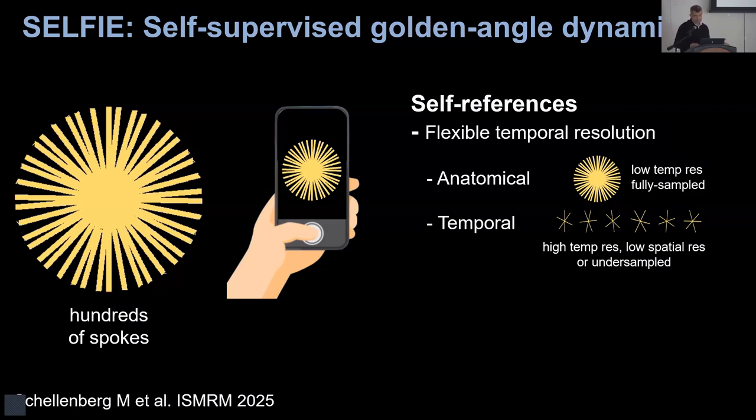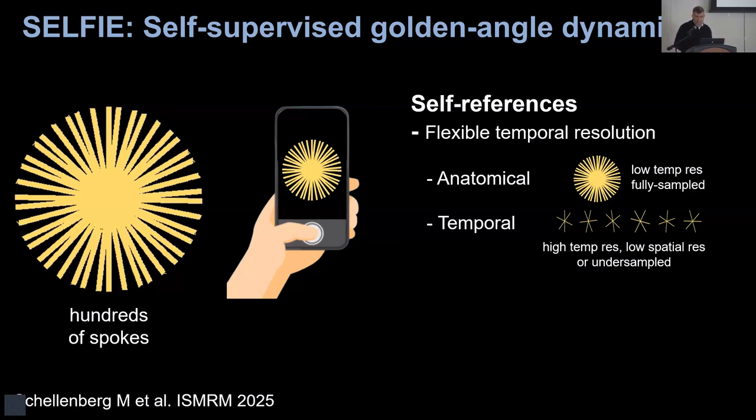For example, since we acquire hundreds of spokes, we can get maybe one or two anatomical references. These are going to have low temporal resolution, but they're going to be fully sampled, with no aliasing artifacts. On the other hand, we can also go to really high temporal resolution, but with low spatial resolution, or maybe with higher undersampling.